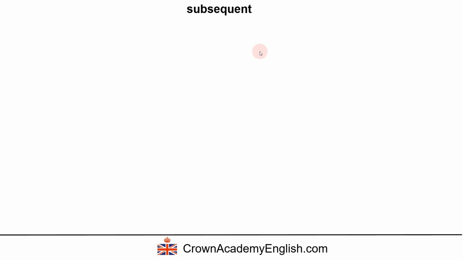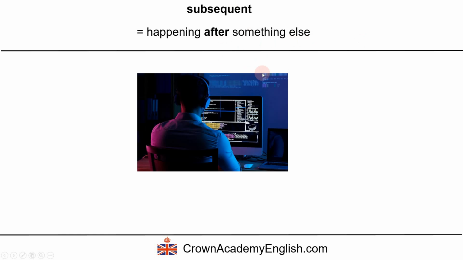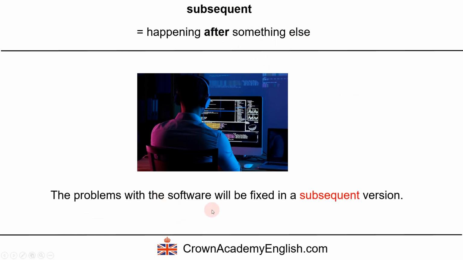Subsequent. And this means happening after something else. So a first thing happens, and then a second thing happens after. Example. The problems with the software will be fixed in a subsequent version. Subsequent version.